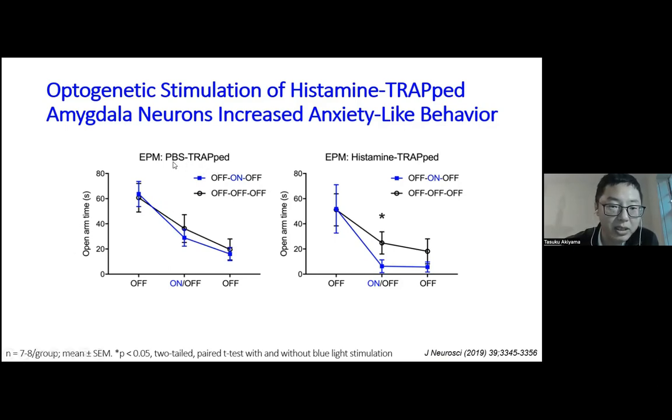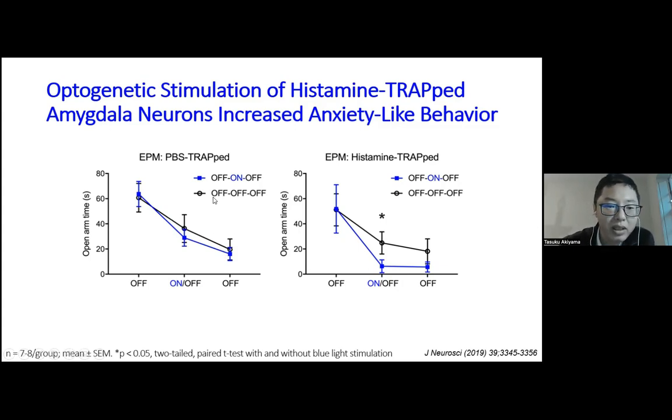These mice received PBS after the tamoxifen injection, so they should be the negative control mice. We placed these mice on the elevated plus maze and recorded for 9 minutes. For the first 3 minutes we didn't deliver the light, in the second 3 minutes in some cases we delivered the light, and in the last 3 minutes we didn't deliver the light.